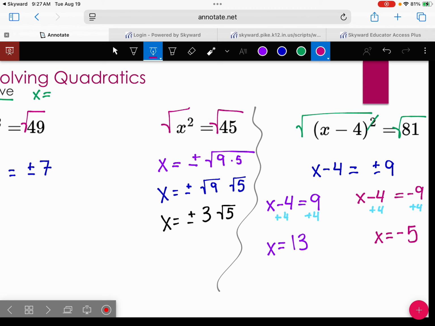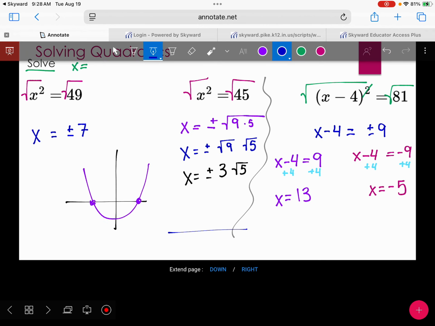We only really need to check for extraneous solutions if we're going to have an x in the denominator, or if we have a radical in the original expression. Because when we have x squareds, think about our parabolas. We're going to have a positive and we're going to have a negative. It's if we're dealing with things like square roots, because remember that's our inverse function of square roots.